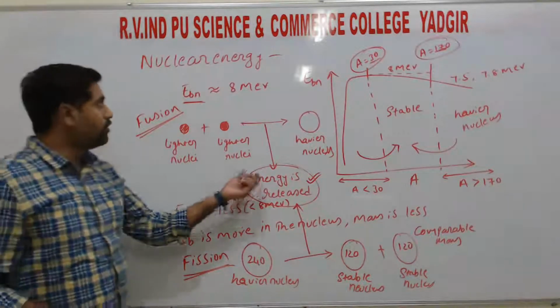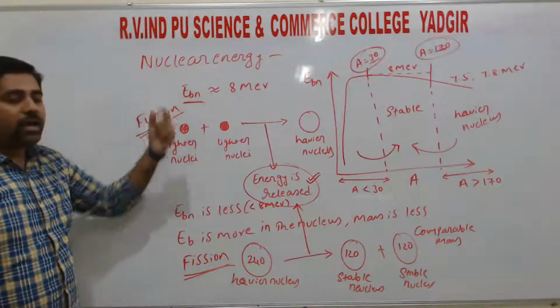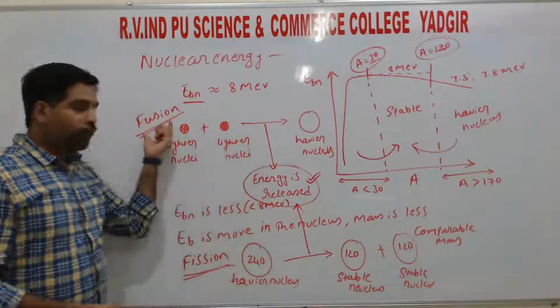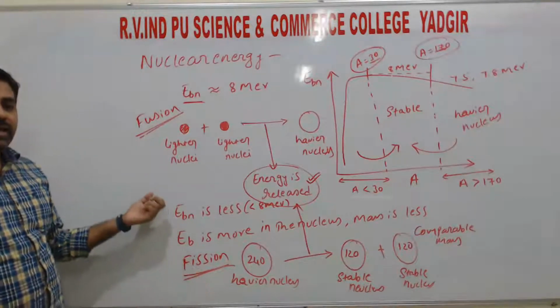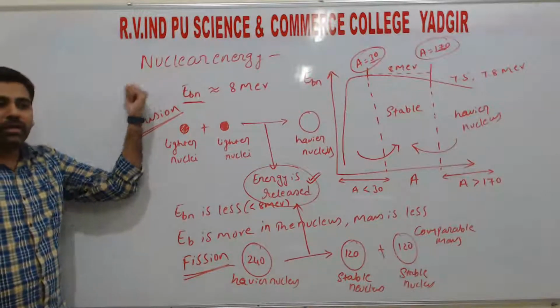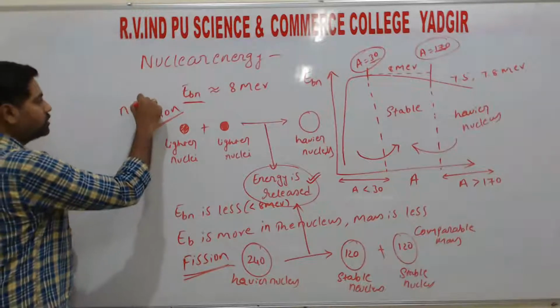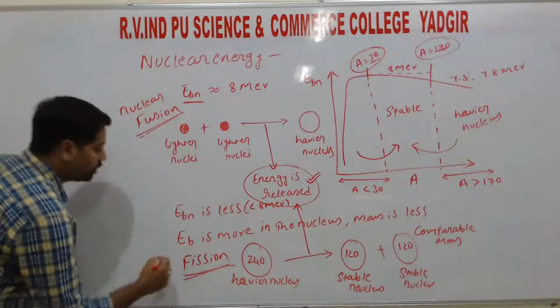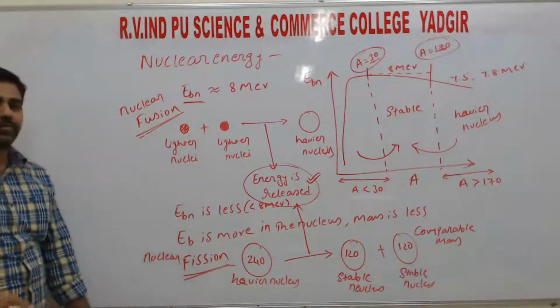That energy we call nuclear energy, right? So what is nuclear energy? The energy which is released during the nuclear fusion or nuclear fission process is called nuclear energy, right? So this one is fusion, or nuclear fusion. This one is fission, or nuclear fission, right?